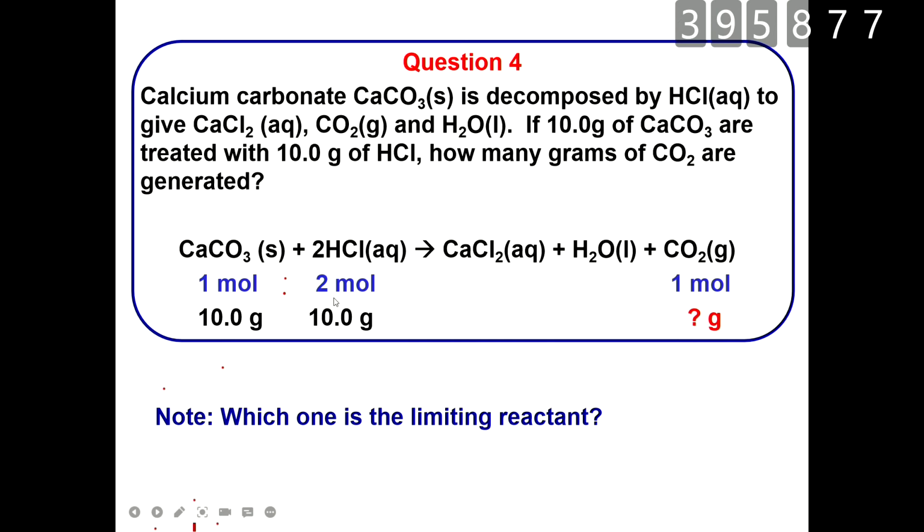So we need to use the other one's mole number to calculate the product. The mole is 0.1, so it will be 1 gives 1. So the product is also 0.1 mole. Then we divide by its molar mass, we can get the mass. Okay?